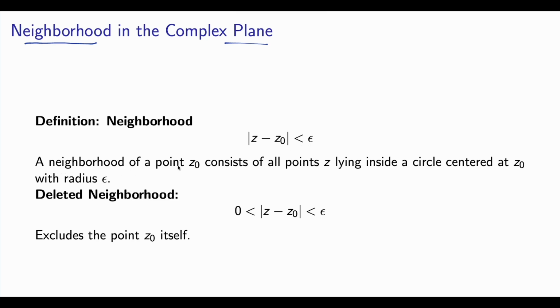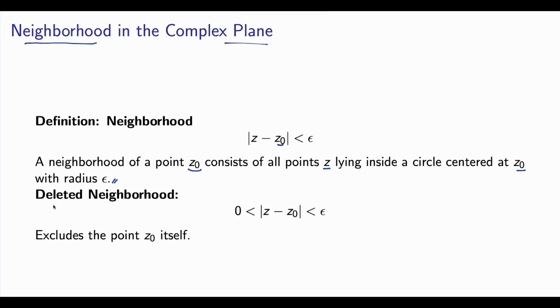A neighborhood of a point z naught consists of all the points z lying inside the circle centered at z naught with radius epsilon, right? So we call it the neighborhood of z naught.